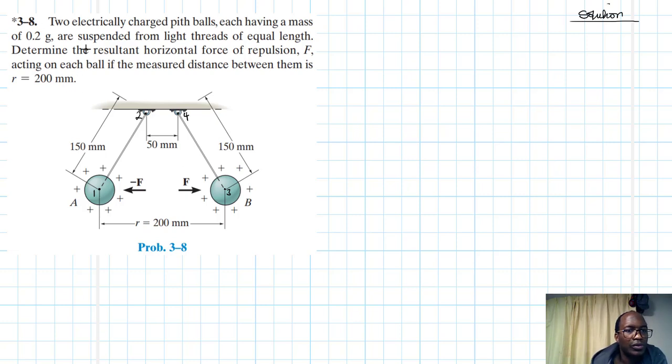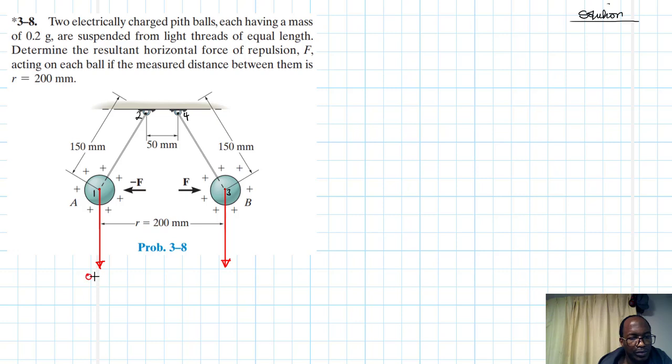Right, so we've been told each particular pith ball has a mass of 0.2 grams. So let's convert that to the weight. So I'll have weight on each of these balls, and there is symmetry there, so we'll not work on all of them, we just work on one.